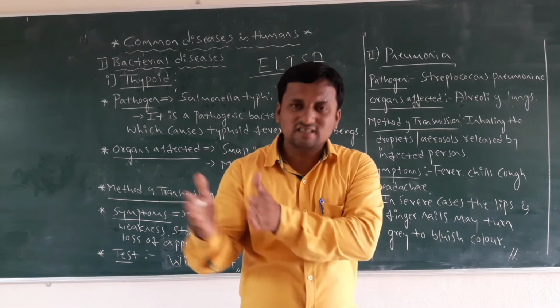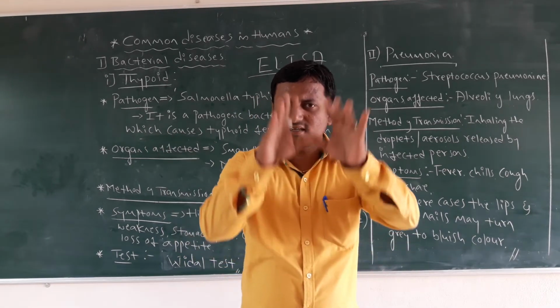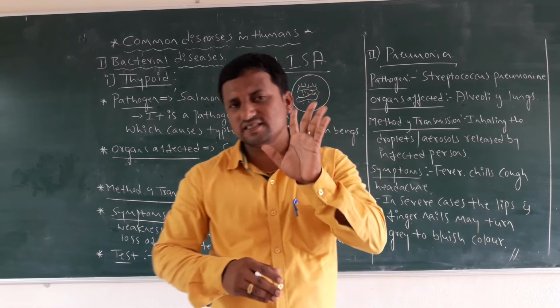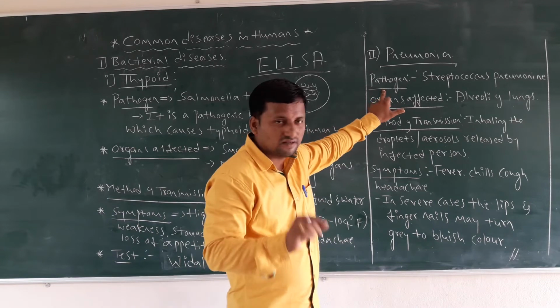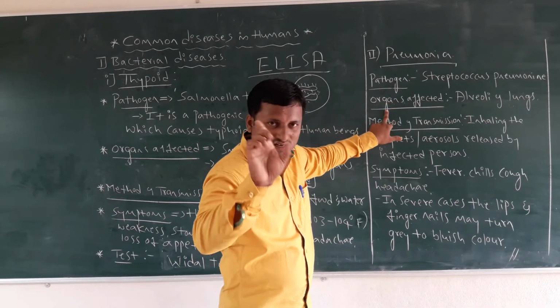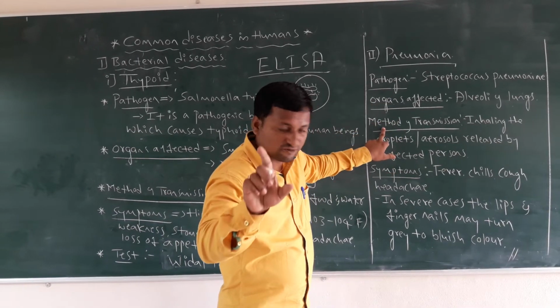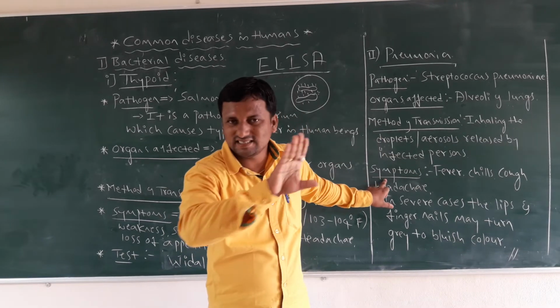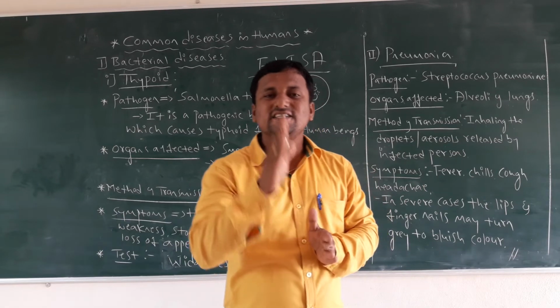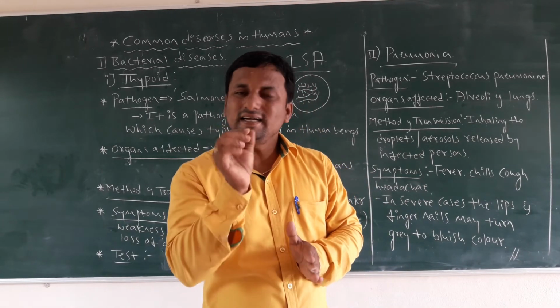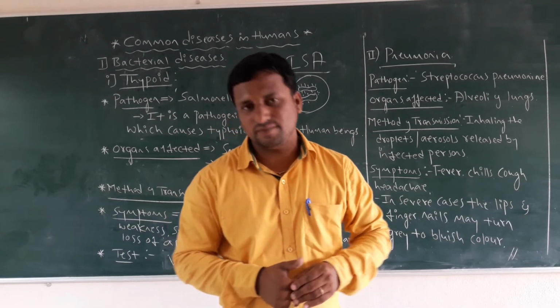You continue to explain about four diseases. But how to explain? You must remember: first the pathogen name, next organs affected, method of transmission and symptoms. That is enough. You can make it into a chart, then it is very easy to understand, and you can solve everything in the examinations.